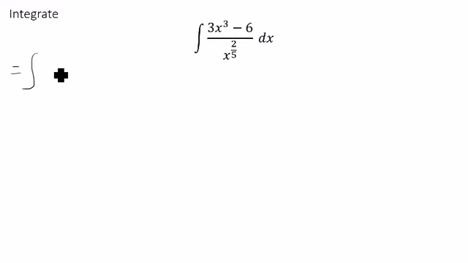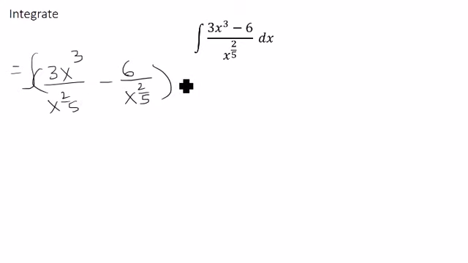So we're going to do the integral of 3x to the 3 over x to the 2 over 5 minus 6 over x to the 2 over 5, and then dx. And these powers of x can be combined using the laws of exponents. So 3x to the power 3 minus 2 over 5.